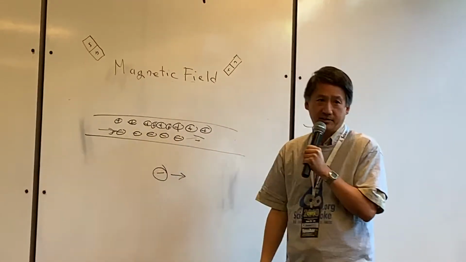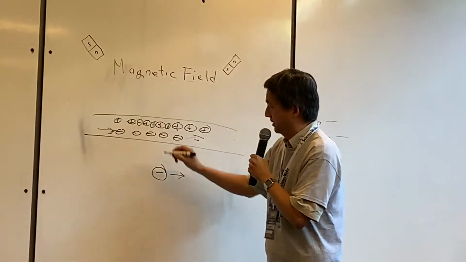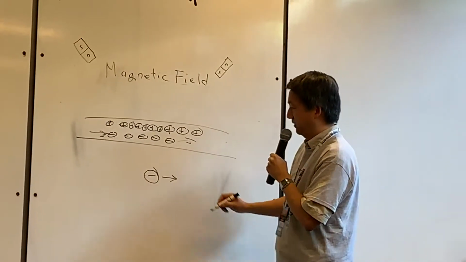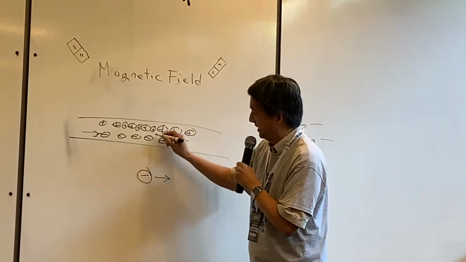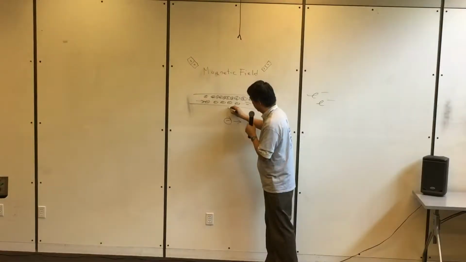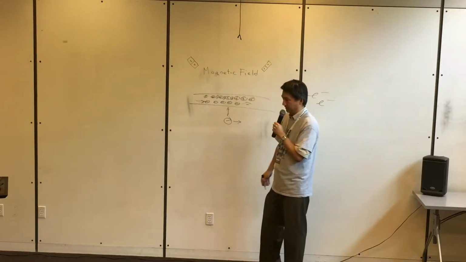This is due to a length contraction thing. They appear to be more closely spaced, and therefore a net positive charge effectively develops on the wire, and that's what causes the electron to deflect towards the wire.